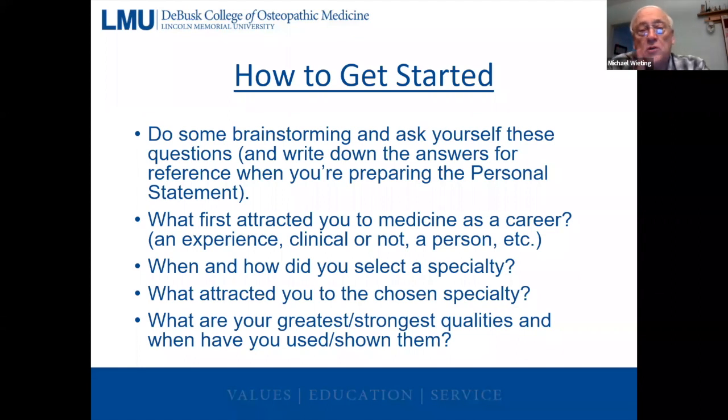Okay, the first question is, what specialty are you interested in, and is that related to what interested you in medicine in the first place? And it may or may not be. Part of that first question is when you did decide on what specialty you want, in this case PM&R, I would hope.